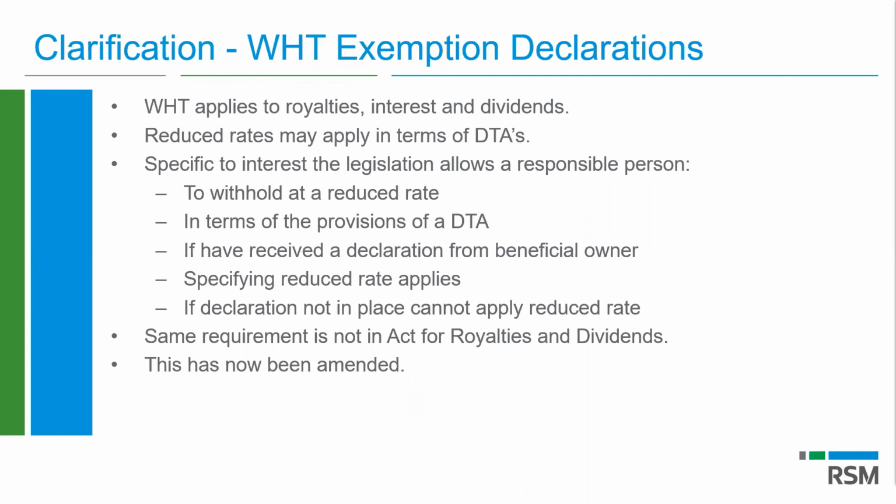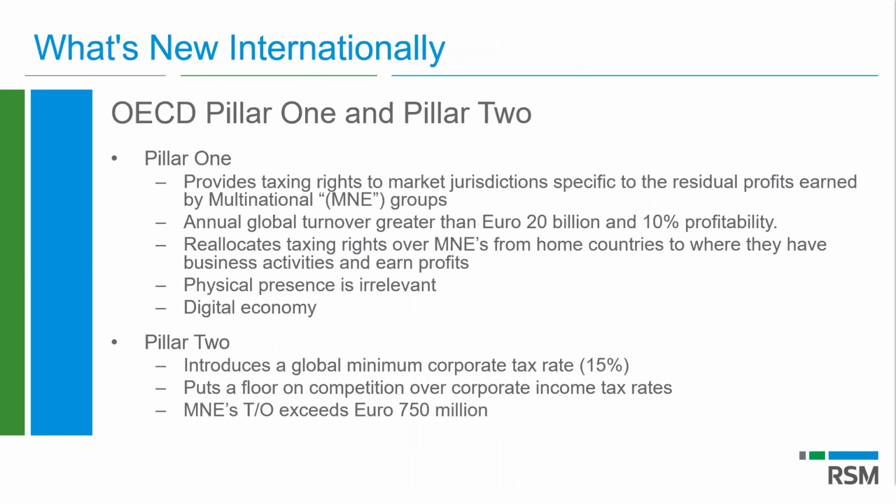Right. Then lastly, what's new internationally? What we've seen is a fairly significant issuance of a document by the OECD setting out what is referred to as Pillar 1 and Pillar 2.